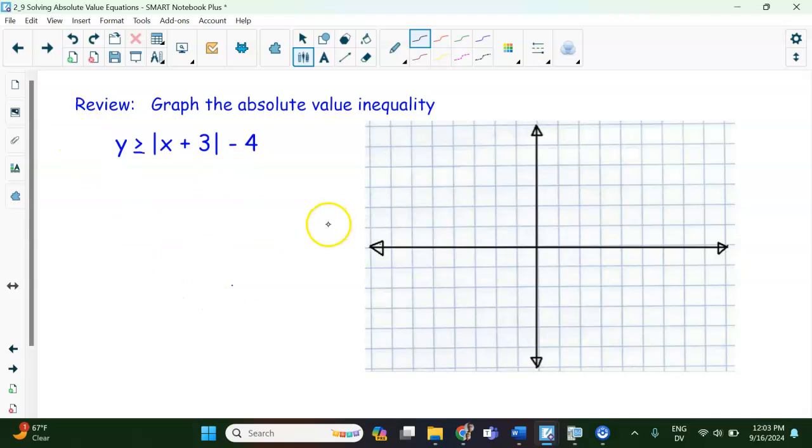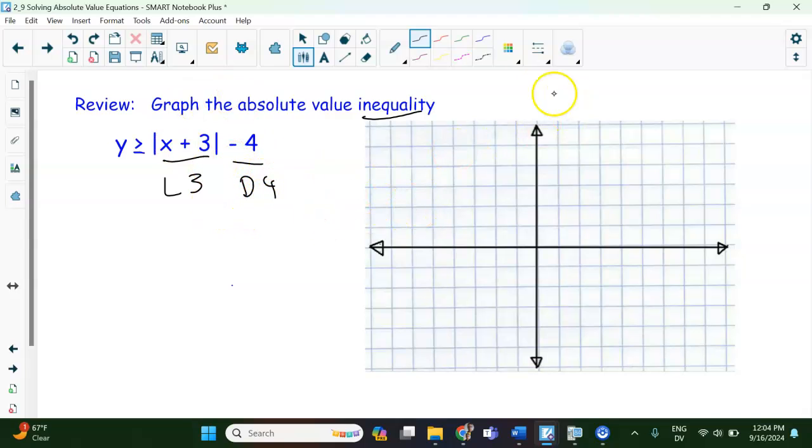Okay, more graphing. This is an absolute value again, but this time it's an inequality. So we have an inequality symbol there. Again, I'd pause the video and give this a shot. Okay, so based on the last one, this number moves us left or right. So we're going to go left 3, and then this is going to move us down 4.